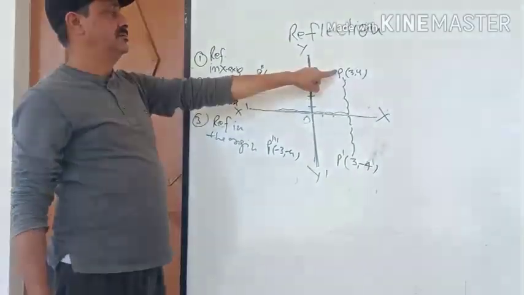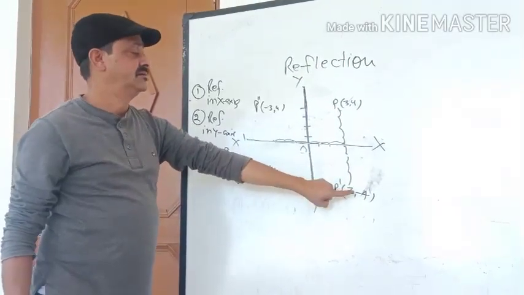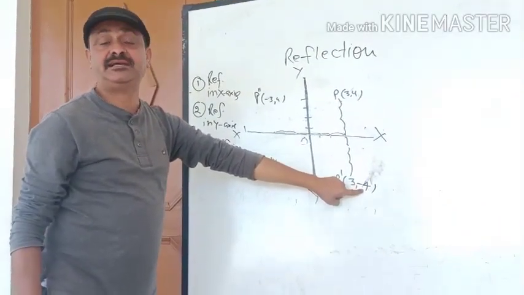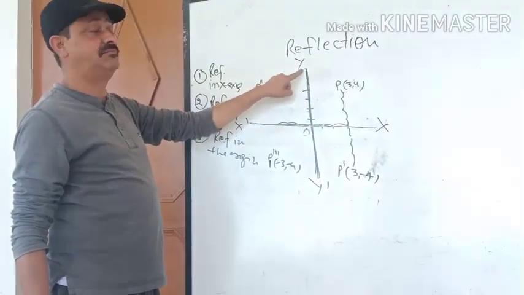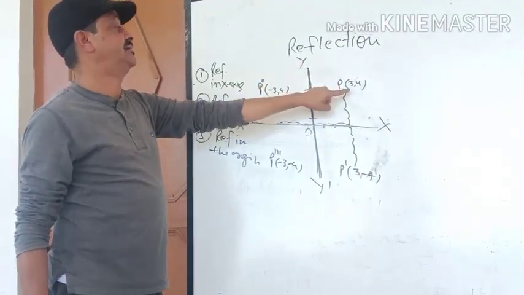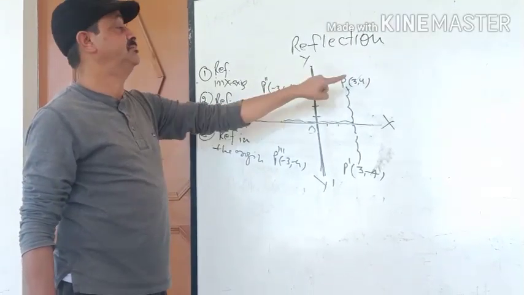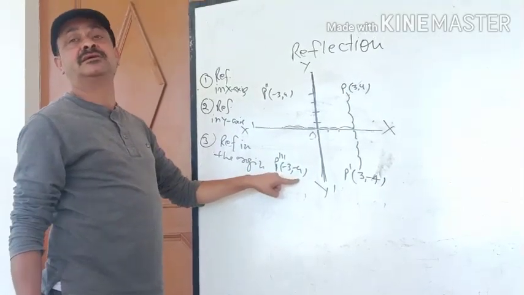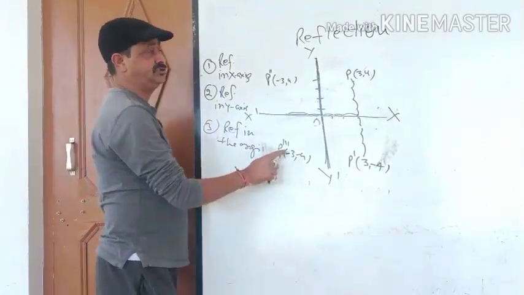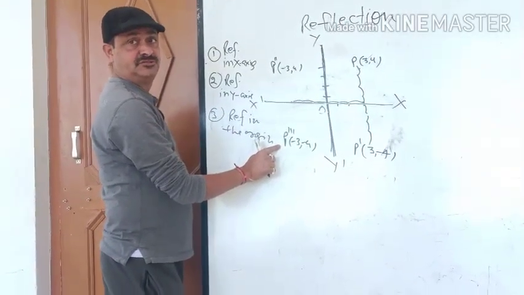Number 1, if any point gets reflected in x-axis, the y coordinate will change its sign and you will get its image. Whenever the reflection is taking place in y-axis, the x coordinate is changing its sign, you are getting its image. Similarly, whenever a point is reflected in origin, both x and y are changing their sign, so it will be the image of 3, 4 when it gets reflected in the origin.